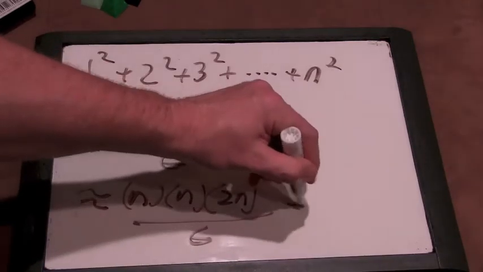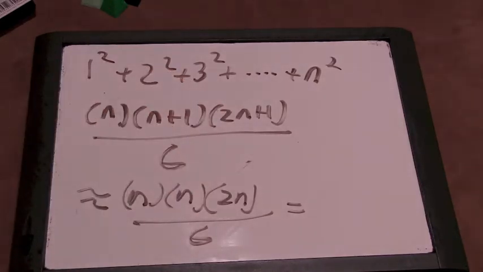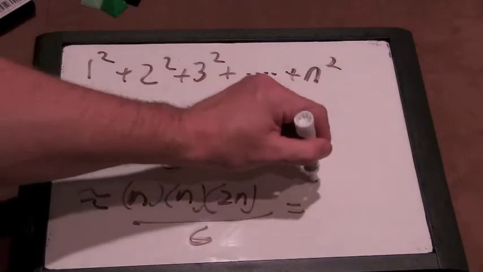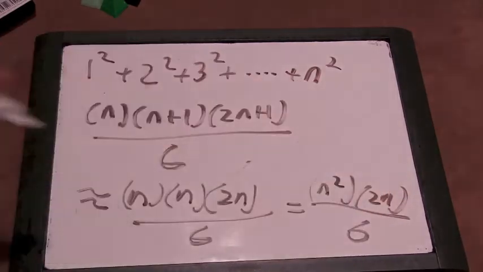What is n times 2n over 6? It's n squared times 2n, all over 6.